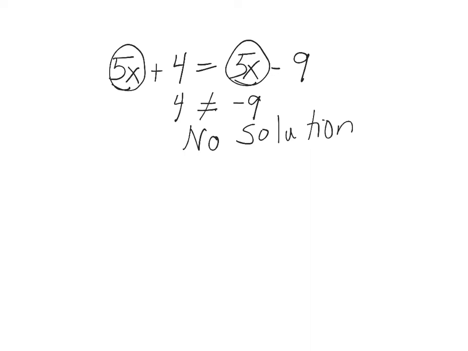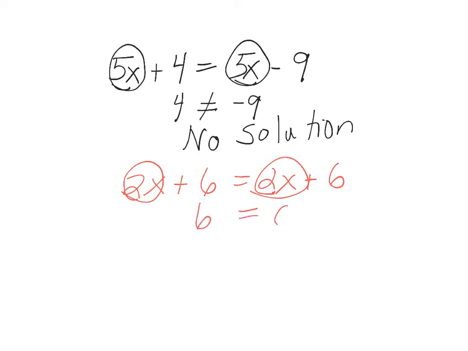You might work through several steps of a problem to get to a point where you have 2x plus 6 equals 2x plus 6. And you could look at that and say, well, I know that these variables are the same and these constants are the same, and therefore the solution is all real numbers.